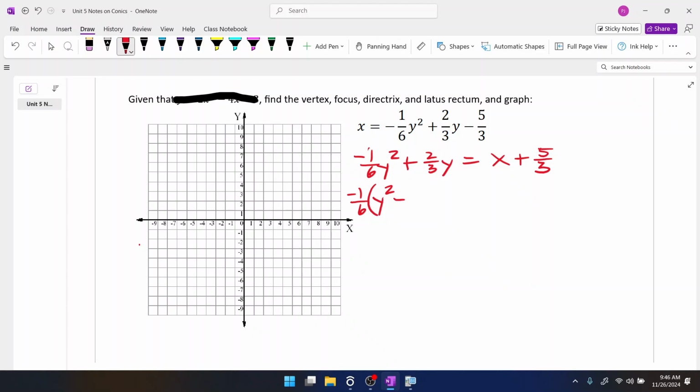So basically, negative 1/6 times what is 2/3, or you can think of it as 2/3 divided by negative 1/6, or 2/3 times negative 6, which is negative 4.